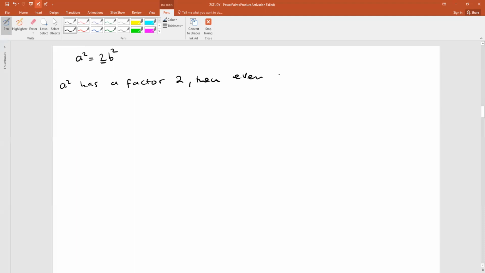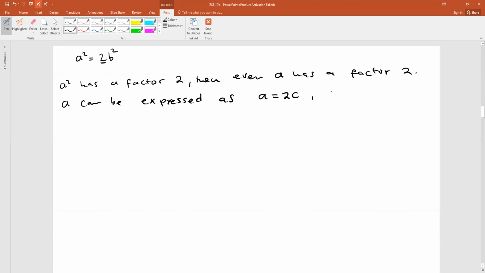Given a has a factor 2, or in other words, a is divisible by 2 as well, we are going to say a can be expressed as a equals 2 times c, where c is another integer. So a can be expressed as 2c. Since it has a factor 2, it's divisible by 2, so it can be expressed as 2c.